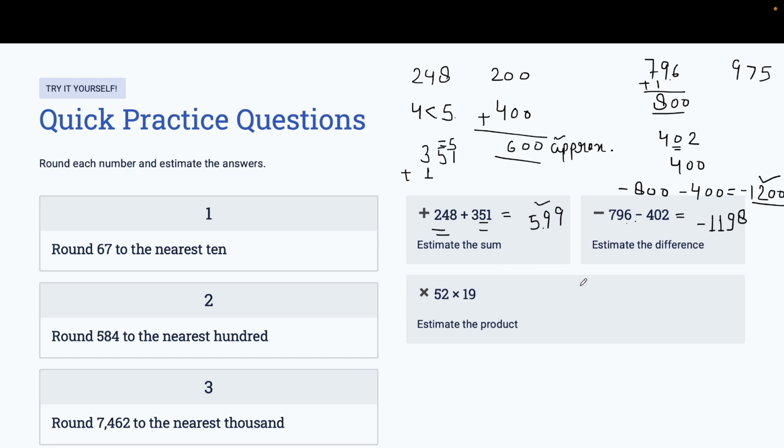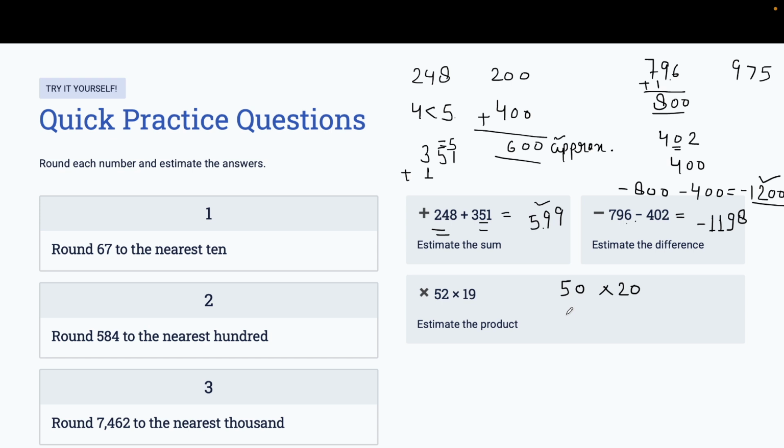Now the next question is 52 and 19. We have to multiply 52 into 19. Estimate the product. When we round off 52 to the nearest 10, it becomes 50. And when we round off 19 to the nearest 10, it becomes 20. I hope you all understood the rules of estimation.